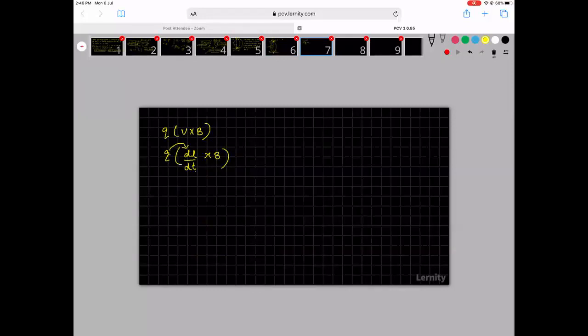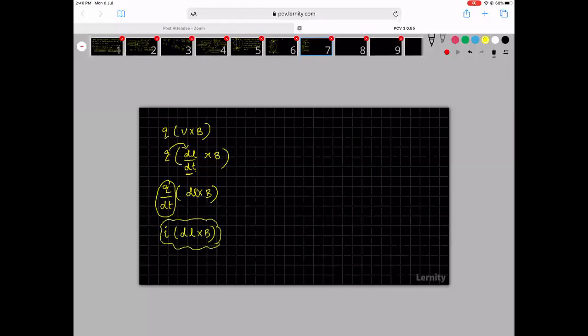The dt is a scalar quantity, so I bring it outside. So I get Q by dt, dl cross B. Now what is Q by dt? Q by dt is I. So we have I dl cross B.